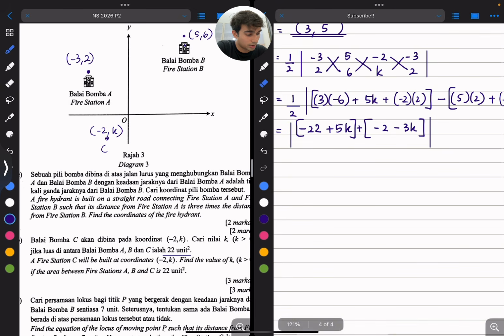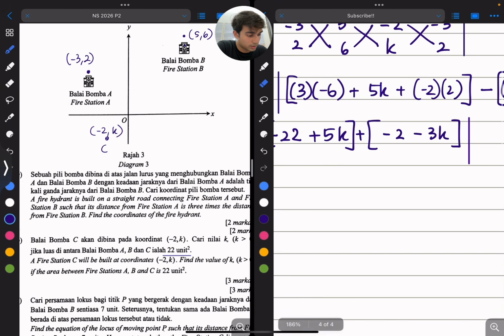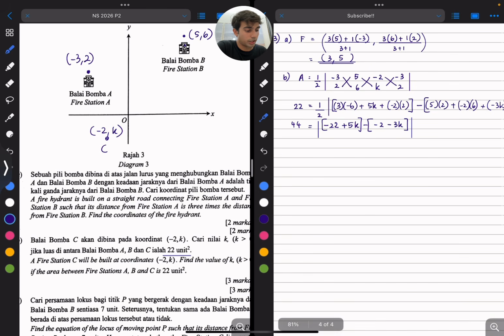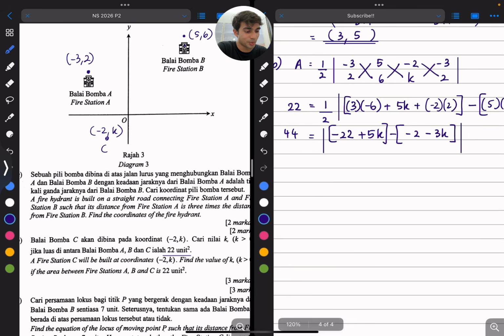Sorry, in between here must be minus. Don't forget, it's this plus this plus this minus this, this, this. So in between is minus. Don't make the mistake that I almost made.